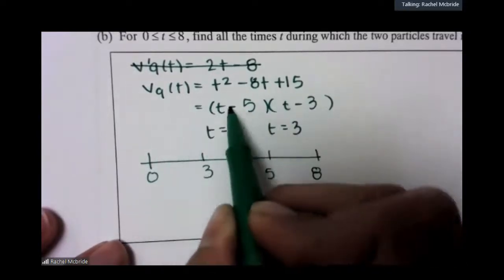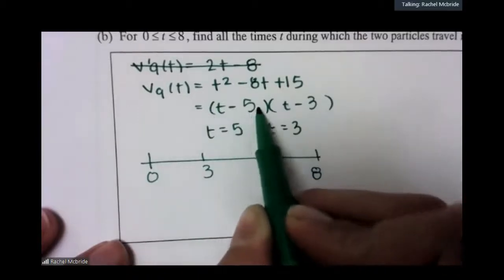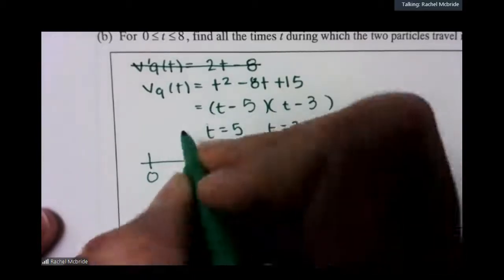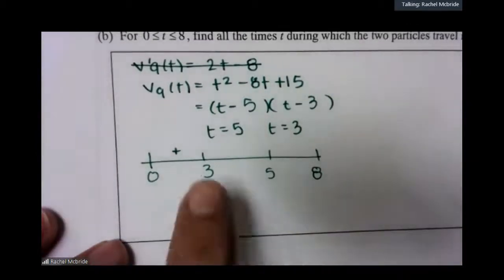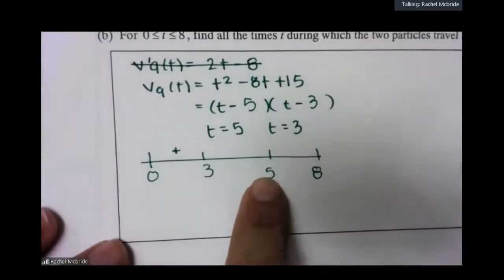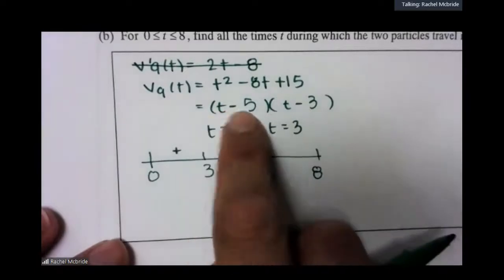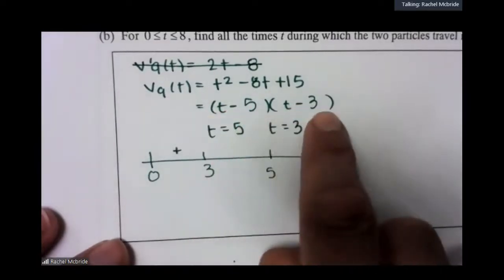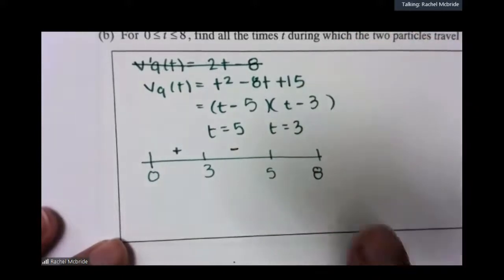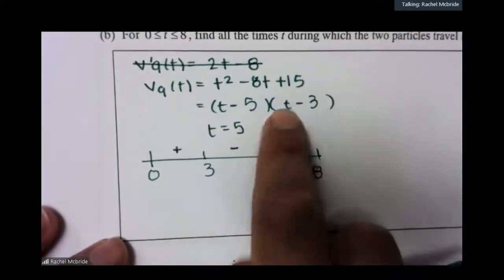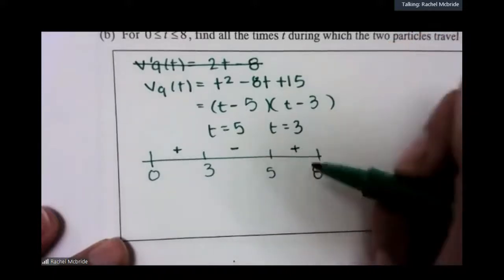So if you plug in 1, 1 minus 5 is negative, 1 minus 3 is negative, and negative times a negative is a positive. From 3 to 5, if you plug in 4, 4 minus 5 is negative, 4 minus 3 is positive, so that's negative. Plug in 6, positive, positive, positive.